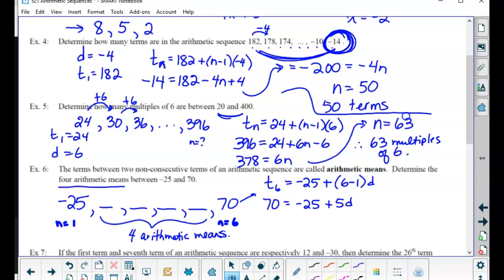So now you can find the common difference. Add 25, that'll be 95 equals 5D, and D equals 19. So D is 19, so add that. Negative 25 plus 19 is negative 6, plus 19 is 13, plus 19 is 32, plus 19 is 51, plus 19 is 70.